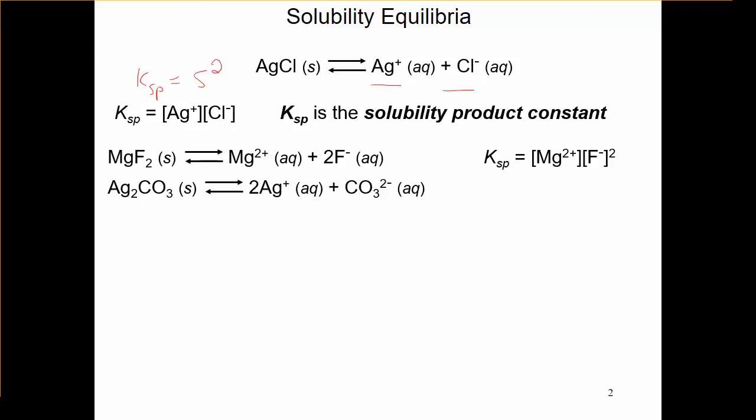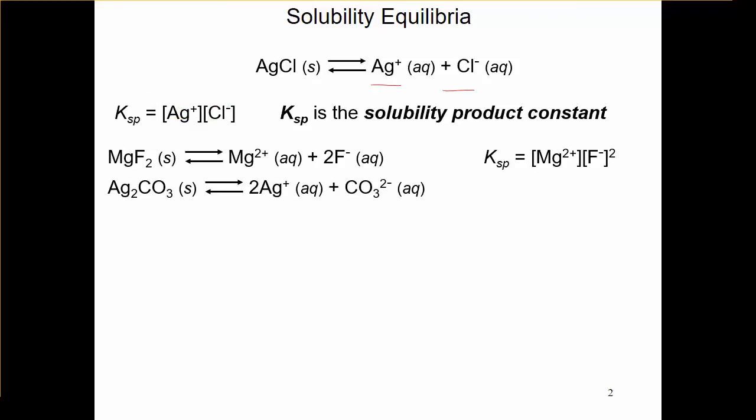And we're going to use S instead of X as the solubility concentration. Okay? Because here we could say this is S and this is S, because they're both at the exact same concentration. So we could simplify it into being that the Ksp is equal to S squared for silver chloride. So this is probably the simplest example that you would see.